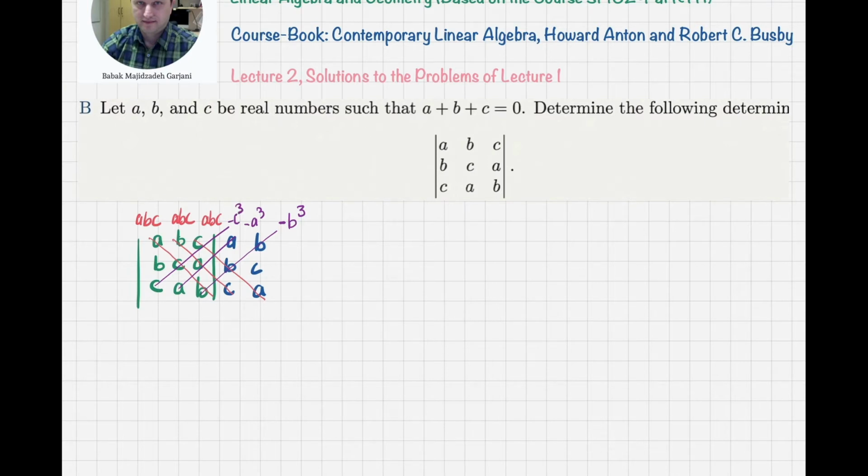And then to calculate the determinant finally, I need to add all these numbers here. I have 3abc minus a^3 minus b^3 minus c^3. So if this is my question mark, this is equal to 3abc minus a to the 3 minus b to the 3 minus c to the 3.